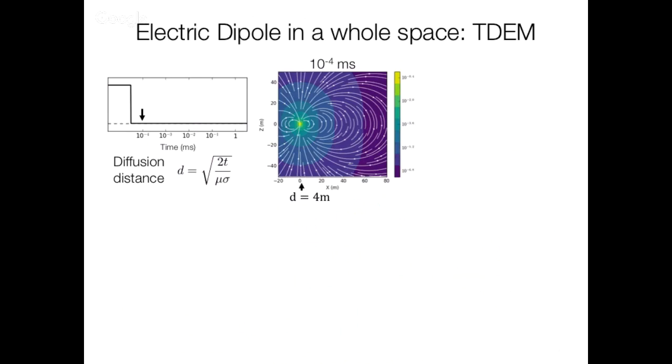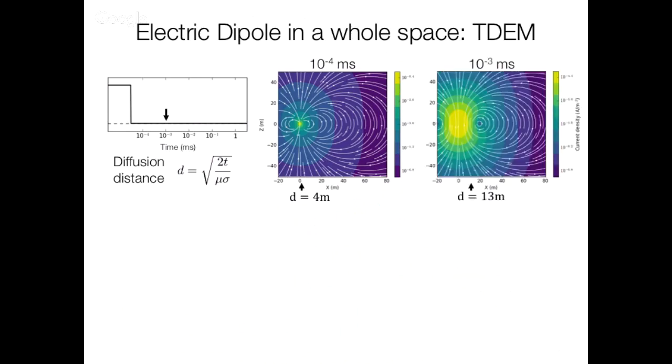Remember we had this formula for the diffusion distance, how far that peak would go as a function of time. If I turn this off at 10 to the minus 4 milliseconds, that's only 0.1 of a microsecond. It's really small. This is what the currents look like. A little bit later, the diffusion distance is 13 meters. You can see the currents starting to diffuse outward.